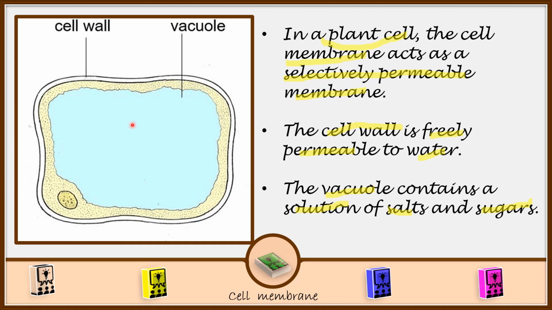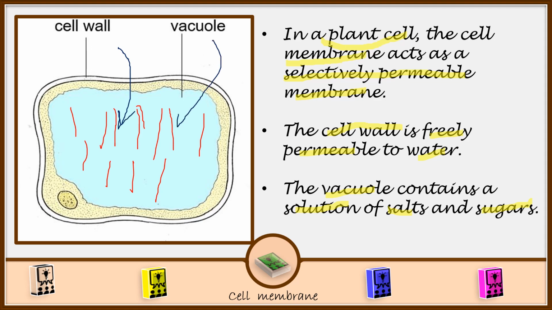So the vacuole contains salts and sugars. And because it contains salts and sugar, the concentration inside is very high. Because there is a high concentration of salts inside the vacuole, it is going to attract water to enter into the cell from the surroundings.